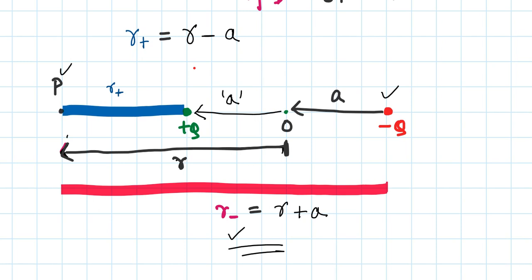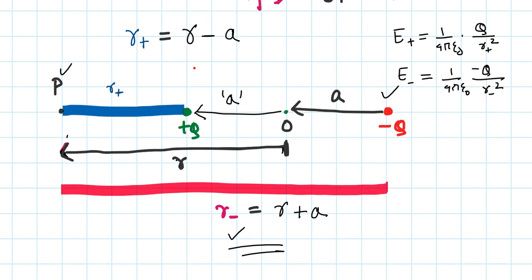So the electric field, the magnitude E plus, is 1 by 4 pi epsilon 0 times Q divided by R plus squared, and the electric field E minus is equal to 1 by 4 pi epsilon 0 times Q divided by R minus squared. In this case you do not need a minus here, because the minus will have been taken care of by the unit vectors already involved.